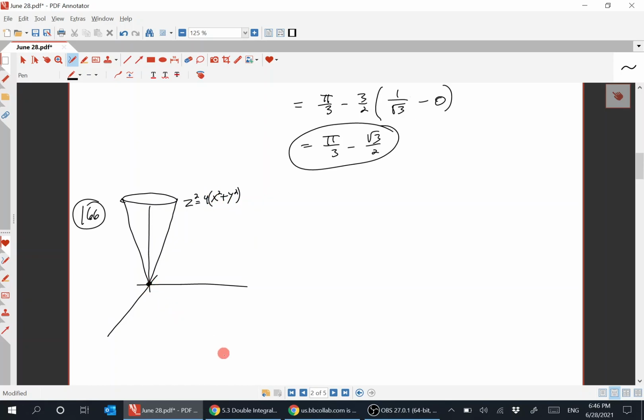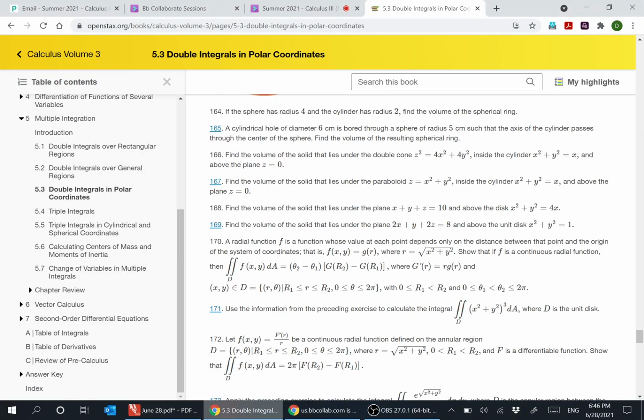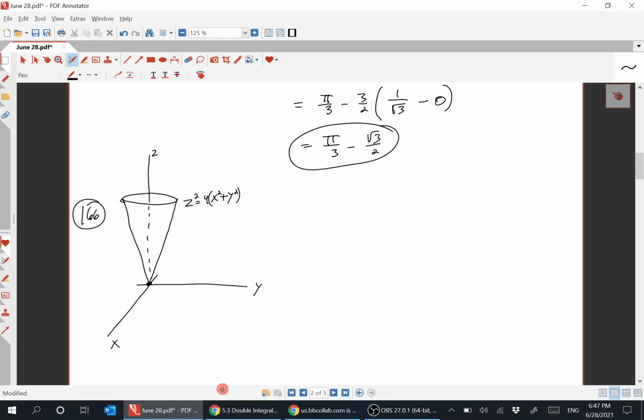And then we've got the circle, x squared plus y squared equals 4x. So this is x squared minus 4x plus y squared is 0.